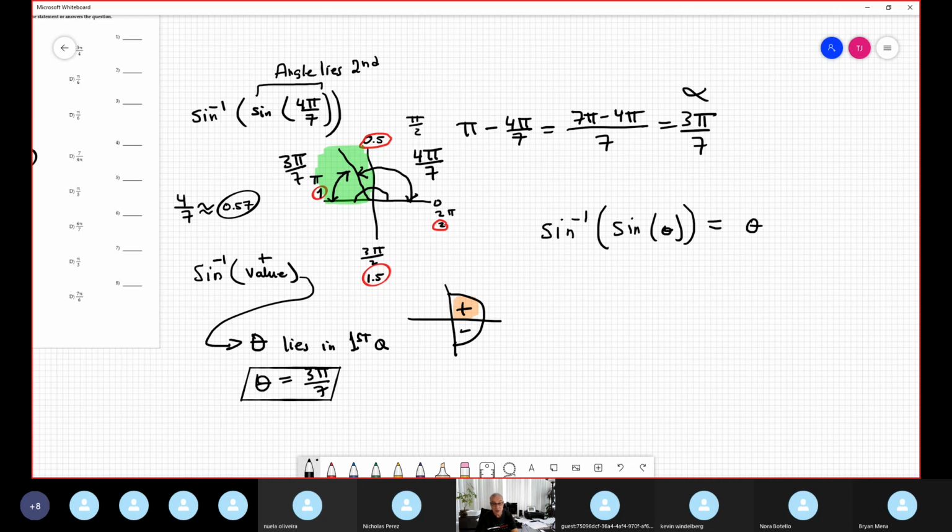And the answer is theta. Okay, this is true if theta lies between negative pi over 2 and positive pi over 2, que es when you define the sine inverse, que es this. Negative pi over 2 and positive pi over 2. Otherwise, outside this part, this idea is not valid.